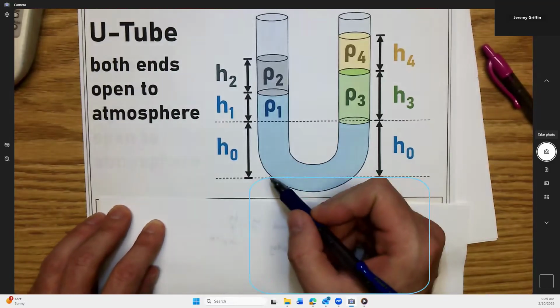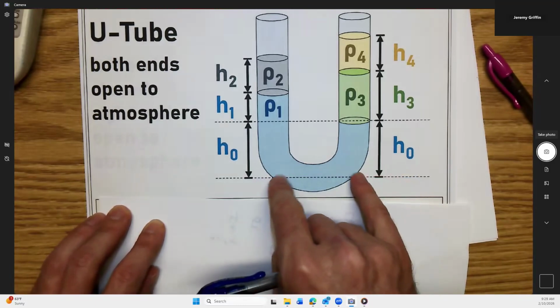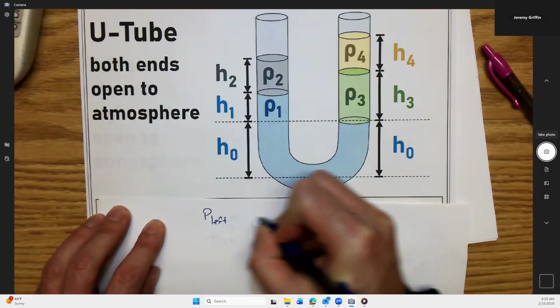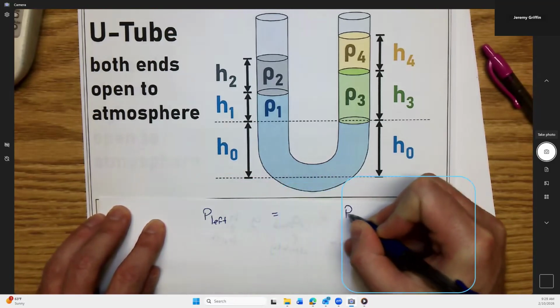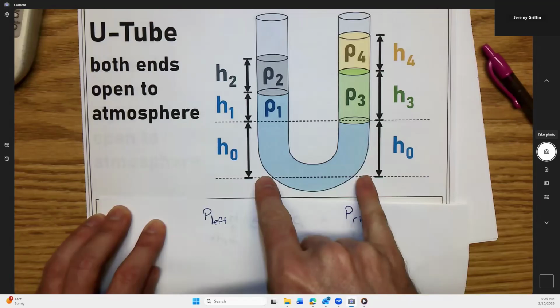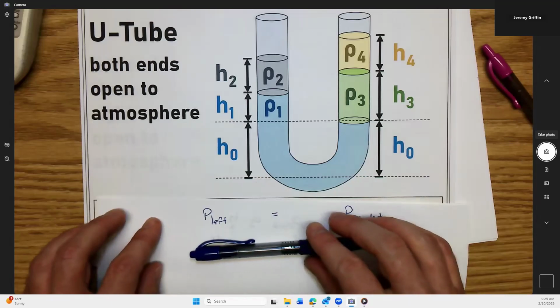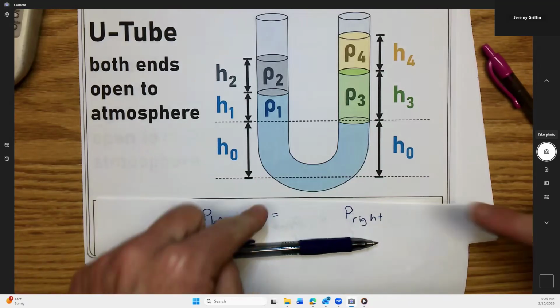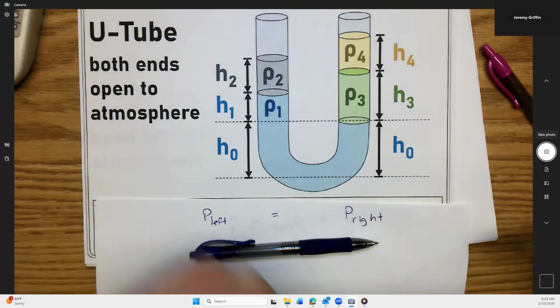All right, so let's say the pressure on the left side equals the pressure on the right side right here. So I'll say P left equals P right. I'm talking about right here and right here. So go ahead, guys, in your notes, see if you can reconstruct what I'm covering up with my paper. The left pressure equals the right pressure.